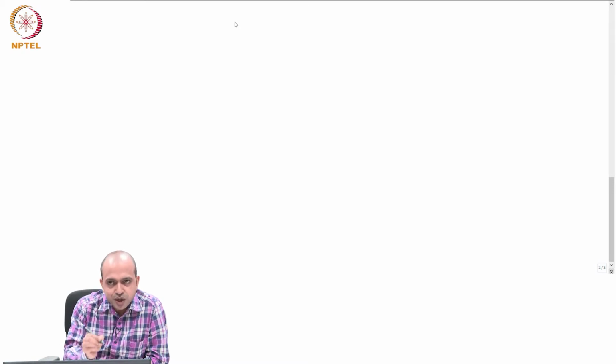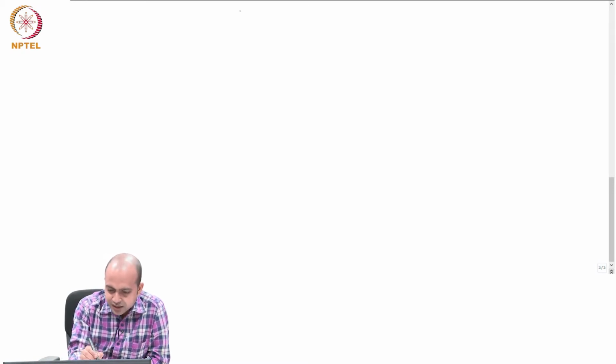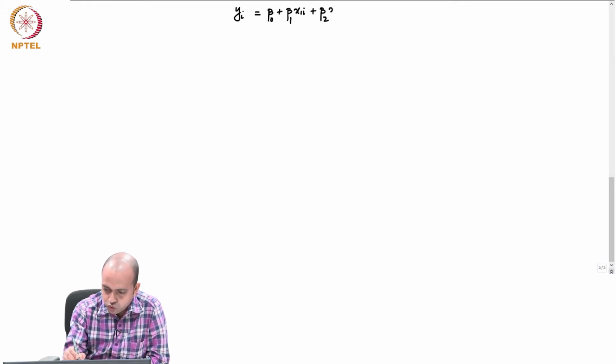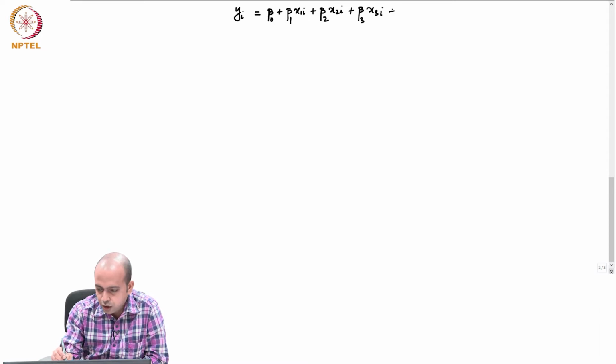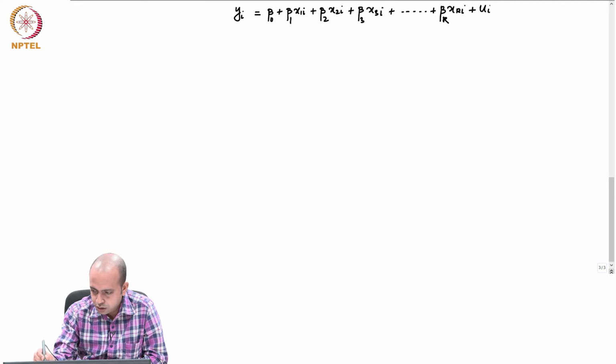How do you estimate multiple linear regression model? Let us write our generalized multiple linear regression model as yi equals beta 0 plus beta 1 x1i plus beta 2 x2i plus beta 3 x3i plus ... plus beta k xki plus ui.